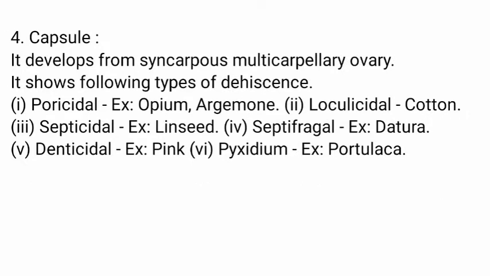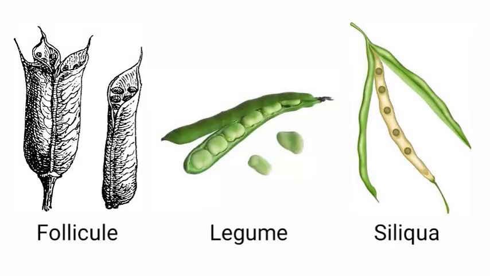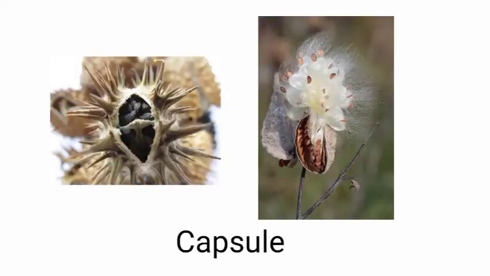It shows the following types of dehiscence: poricidal, opium, argemone; loculicidal, cotton; septicidal, linseed; septifragal, datura; denticidal, pink; and pyxidium, portulaca. Next, the diagrammatic representation of follicle, legume, siliqua, and capsule fruit.